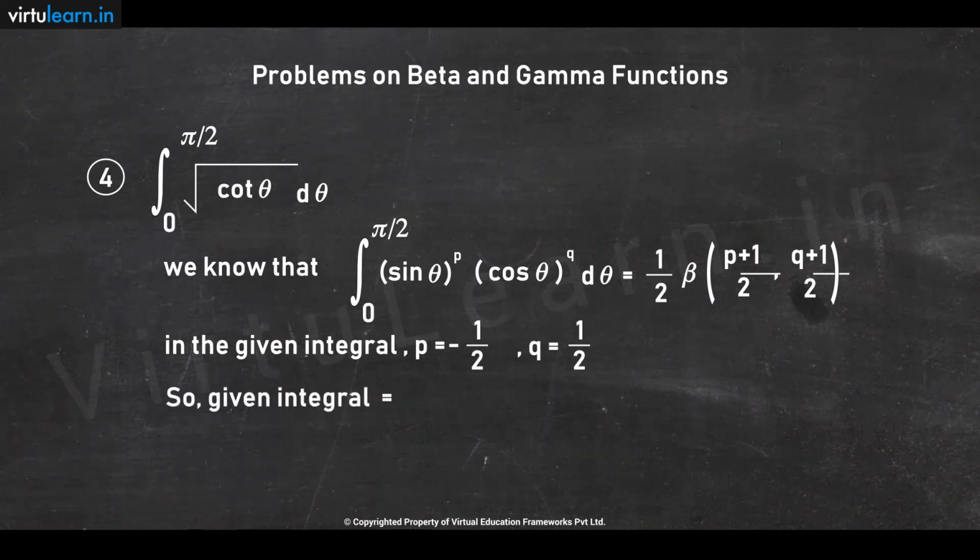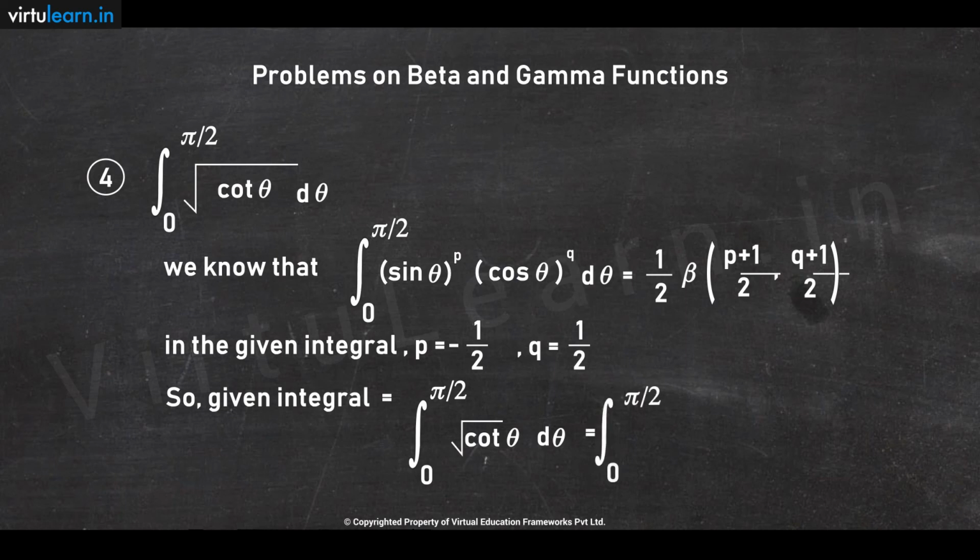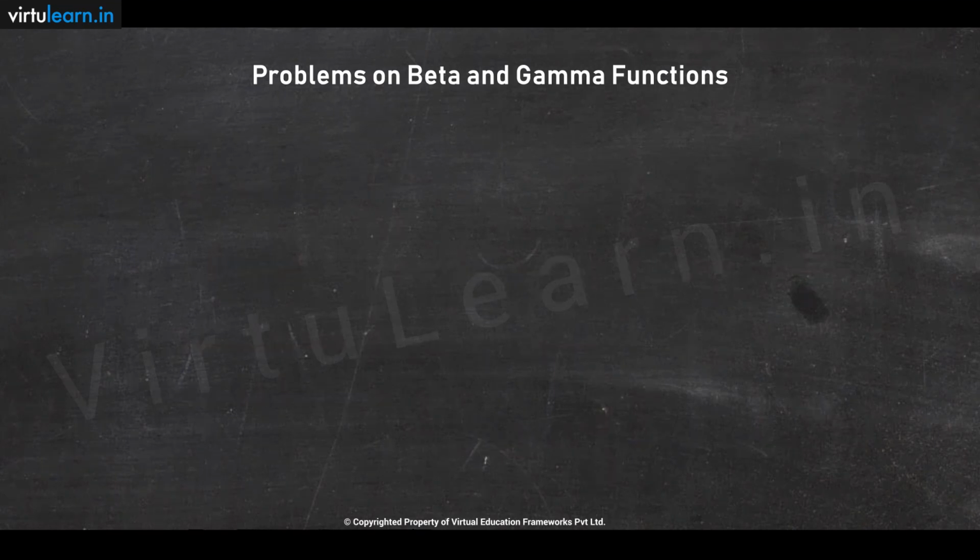Or the given integral, integral 0 to pi by 2 root of cot theta d theta, is equal to integral 0 to pi by 2 sin theta^(-1/2) cos theta^(1/2) d theta, that is p is equal to minus 1/2, q is equal to 1/2.